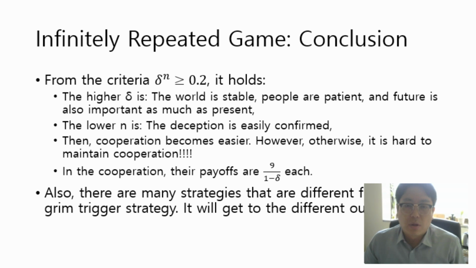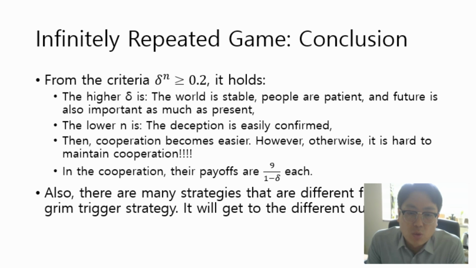Okay, the reason why I'm showing this result is that this result itself is very interesting, as you can see, and also you may apply this repeated game to some degree. If you have any question about this repeated game, you can ask me. And also there are many strategies that are different from the grim trigger strategy.